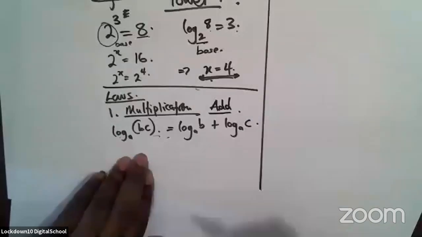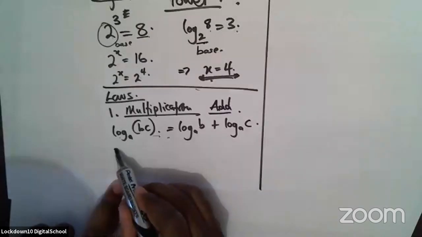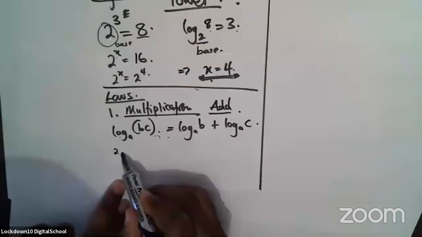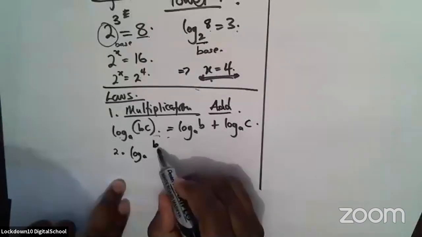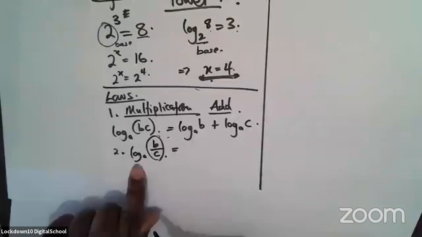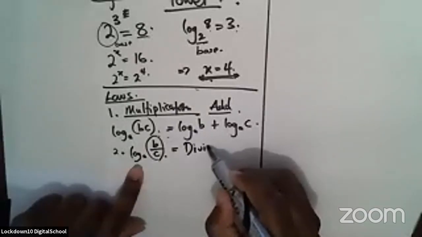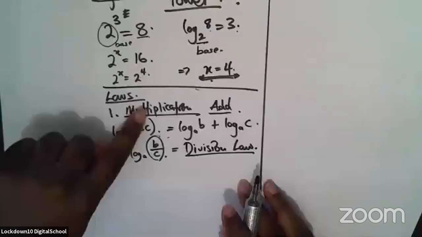Law number 2 is log of B over C. This one is known as the division law. We spoke about it yesterday. This is the multiplication law, the first one.